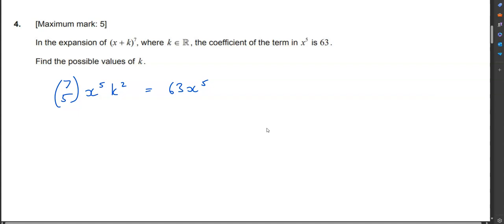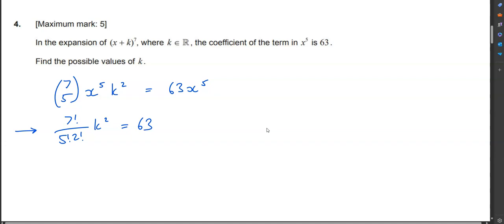Again, I can't remember if this was calculated or not, so let's just work this out. 7 factorial over 5 factorial 2 factorial k squared. What we're going to do just here, by the way, we are comparing coefficients. We're not dividing by x to the power of 5, but we know that the number of x to the power of 5s on the left needs to be the same as the number of x to the power of 5s on the right.